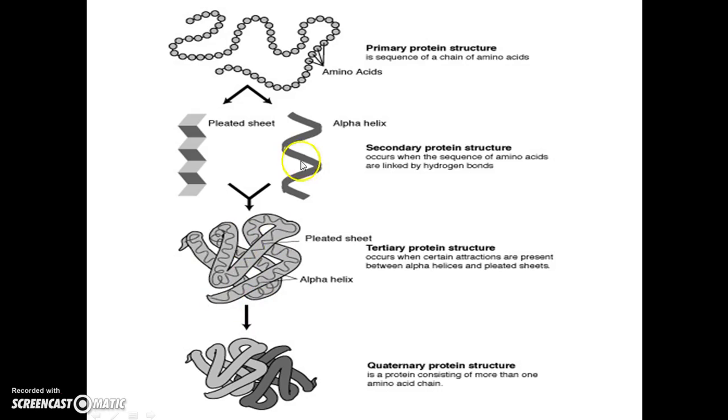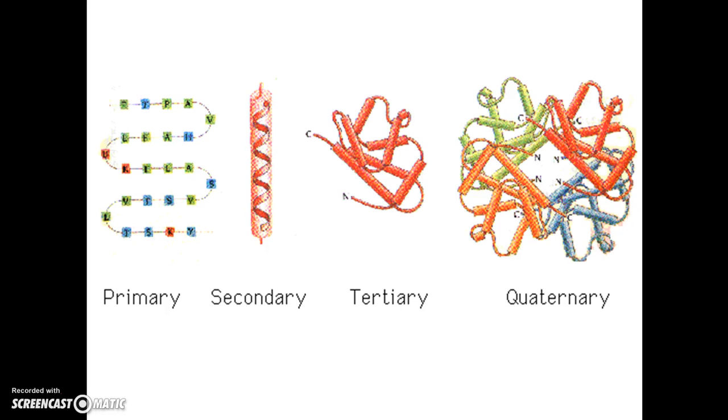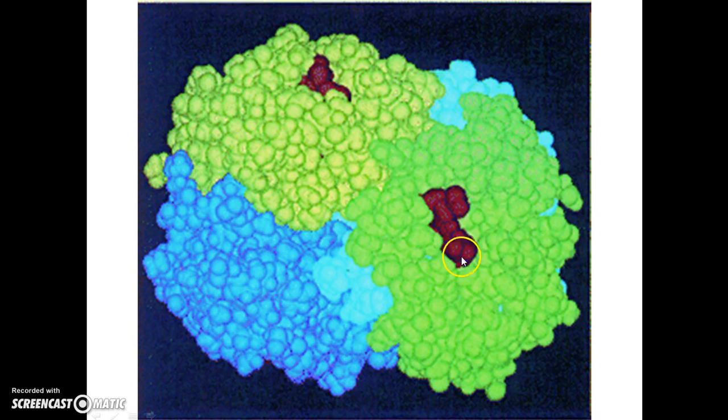Tertiary structure is the secondary structure folded upon itself, and the quaternary structure is 2 or more amino acid chains folded together. This is just a different diagram of what the different structures look like. And this is what an actual protein would look like.